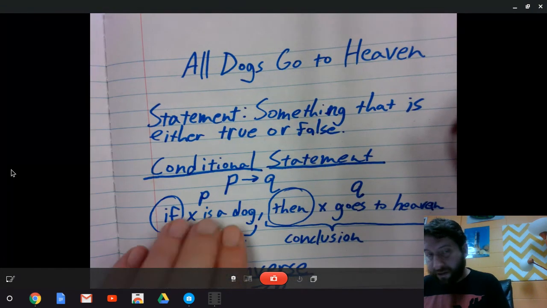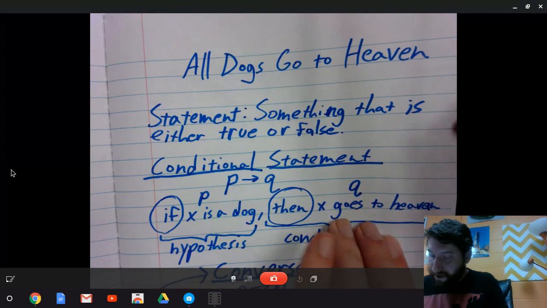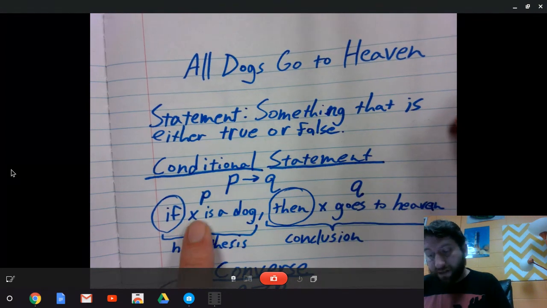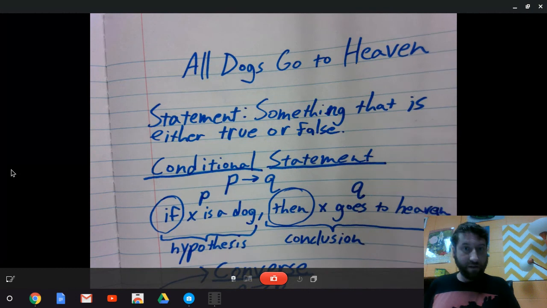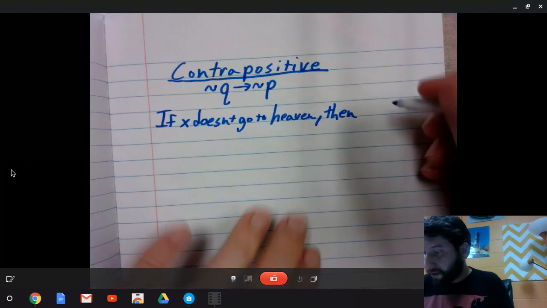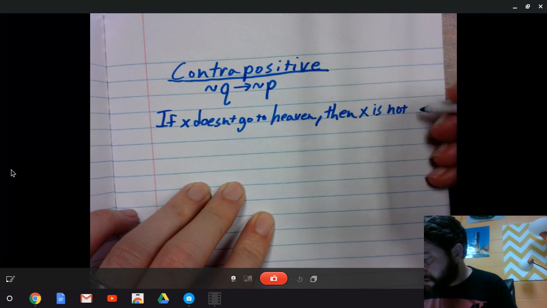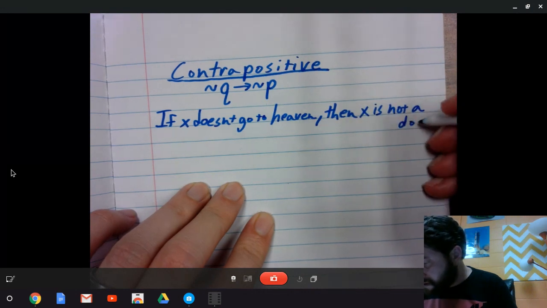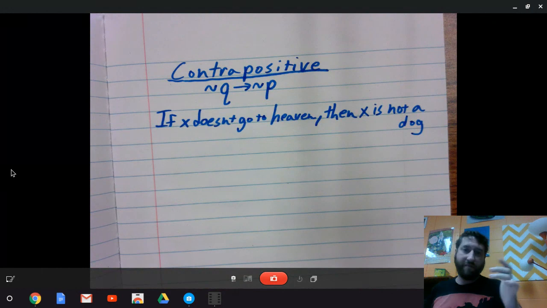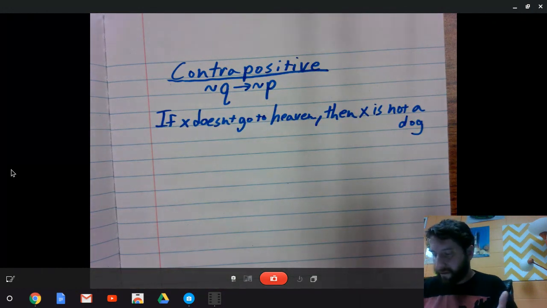What was our hypothesis? Because this we have to take over here. Then, okay, so X is not a dog because we have to take the negation of it. Then X is not a dog. All right, perfect. That's the contrapositive.